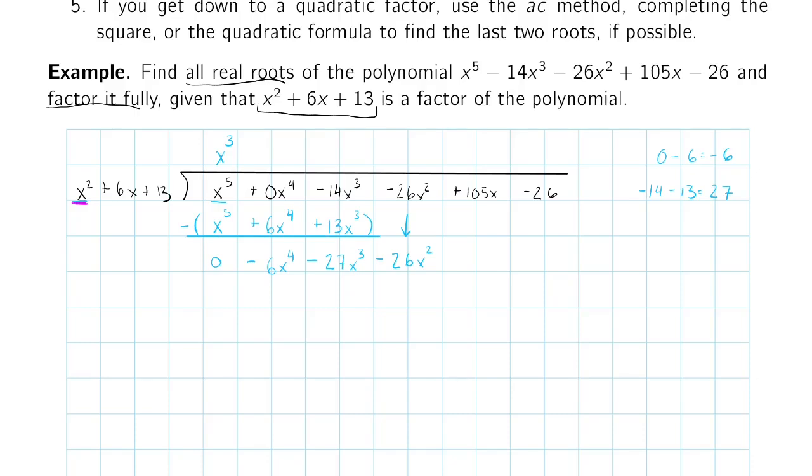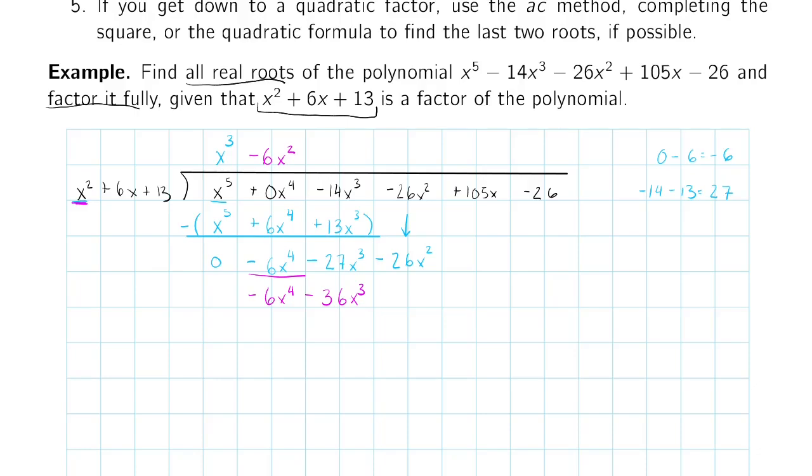Now we're going to do x squared into negative 6x to the fourth. That's going to be a negative 6 times x squared. Negative 6x squared times x squared is going to indeed be negative 6x to the fourth. Negative 6x squared times positive 6x, that's going to be negative 36x to the third.